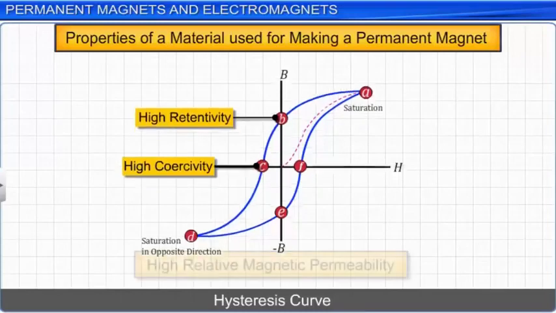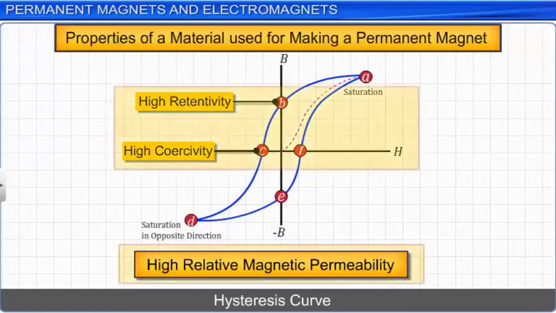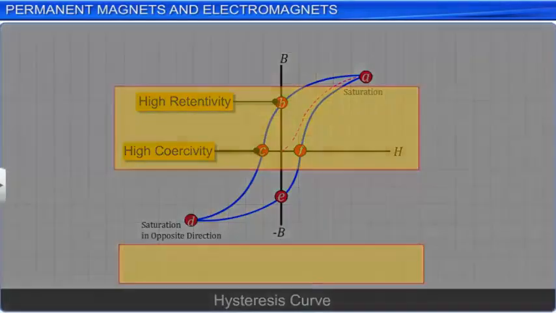Thus, taking into consideration all the properties, steel is the most suitable choice. The other suitable materials are alnico, cobalt steel, and taconel.